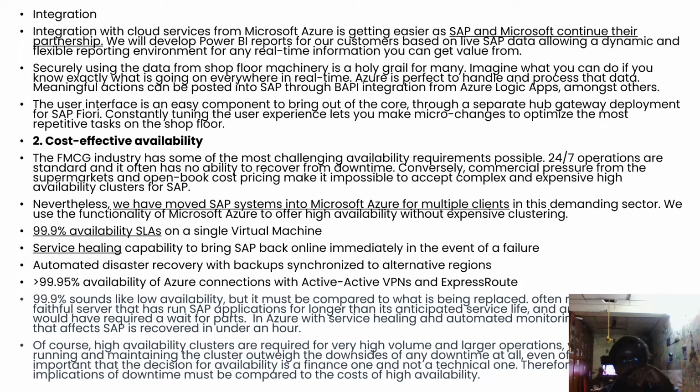And 99.95% availability of Azure connections with active VPNs and ExpressRoutes. So 99.9% sounds like low availability, but it is most often compared to what is being replaced, often the old faithfuls that have run SAP applications for longer than their anticipated service life, and any breakdown would have required a wait for the parts, right?